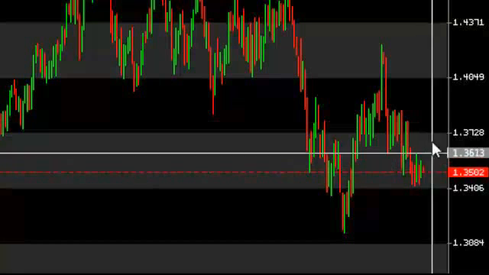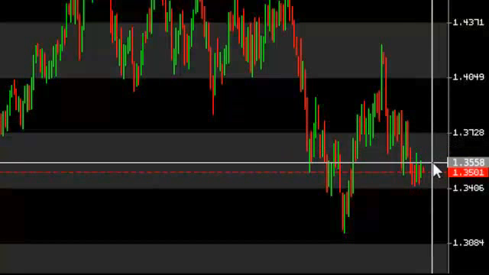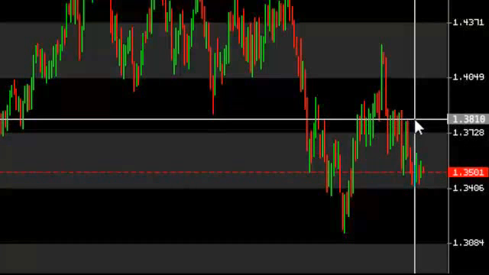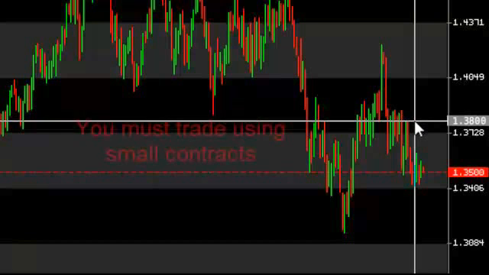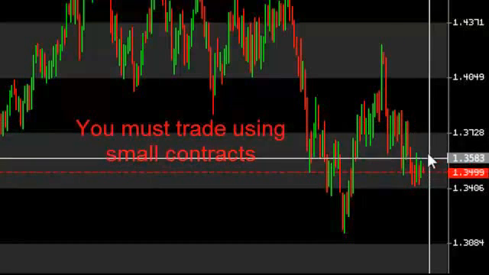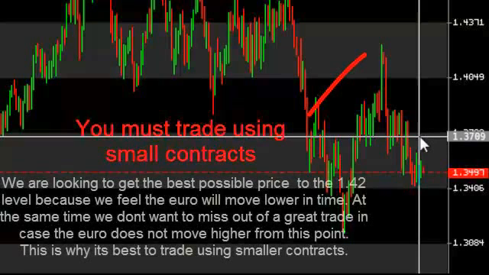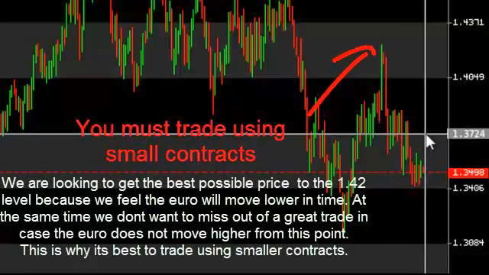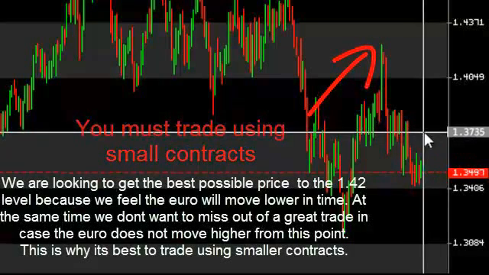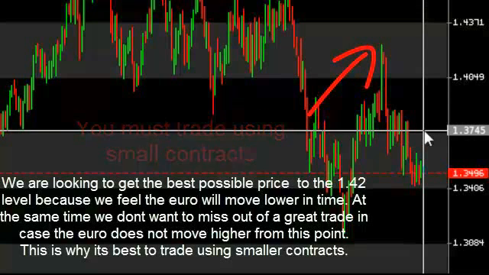So if overnight the price goes to 137, I'm down 200 pips, but I'm prepared to sell a little more at 137. Therefore, I have to give myself room, and at the same time have a small contract, so in case it does go against me, I could place another trade and not over-leverage my account.